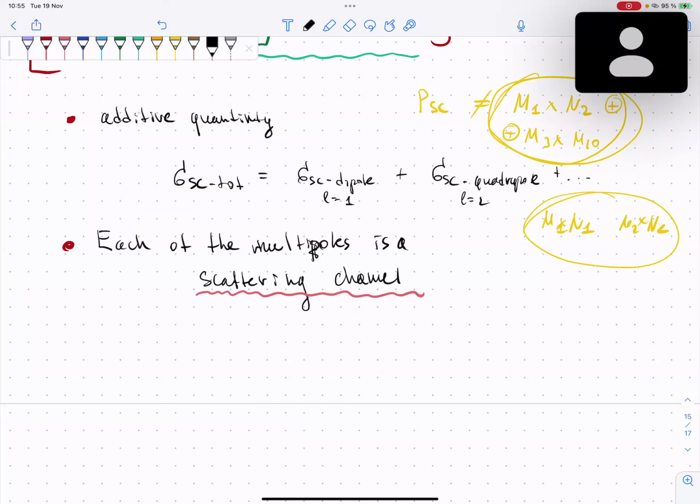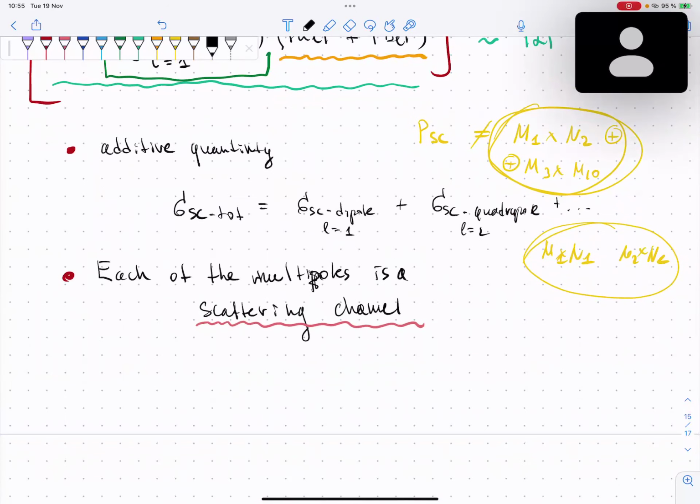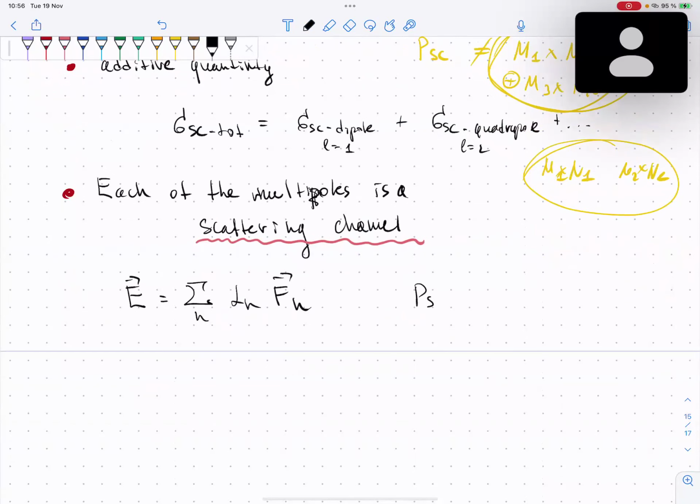But not any set of basis functions will correspond to scattering channels. When we can write the electric field as a series of some functions, and when the scattered power can be expressed as a sum like this, then this means that these functions correspond to scattering channels.